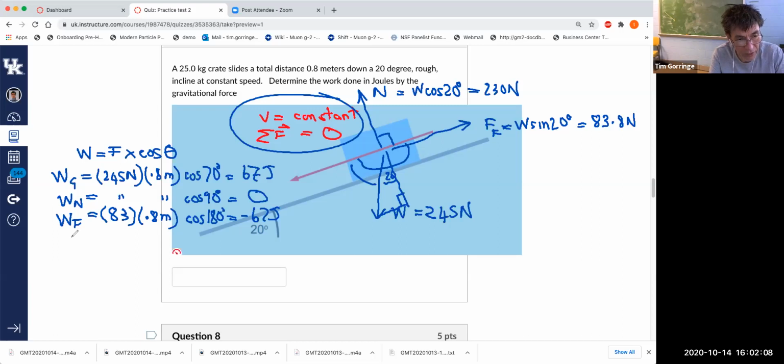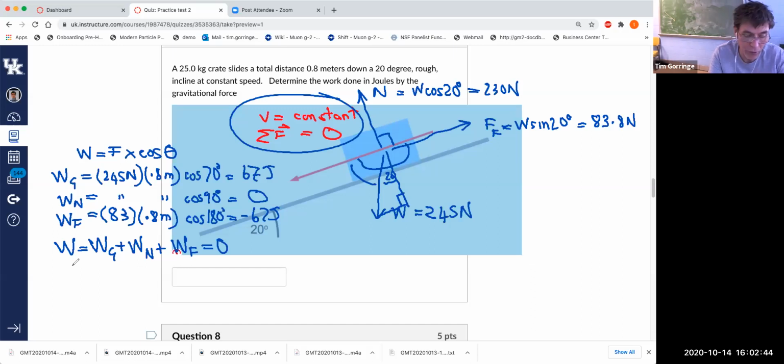There's a question in chat, I can see it, and I'll explain it after I get to the end here. I'll just do the net force. The last part of the question asks, what is the net work done by all these individual forces? Well, you can certainly add them all up. 67 plus 0 plus minus 67 will be 0.